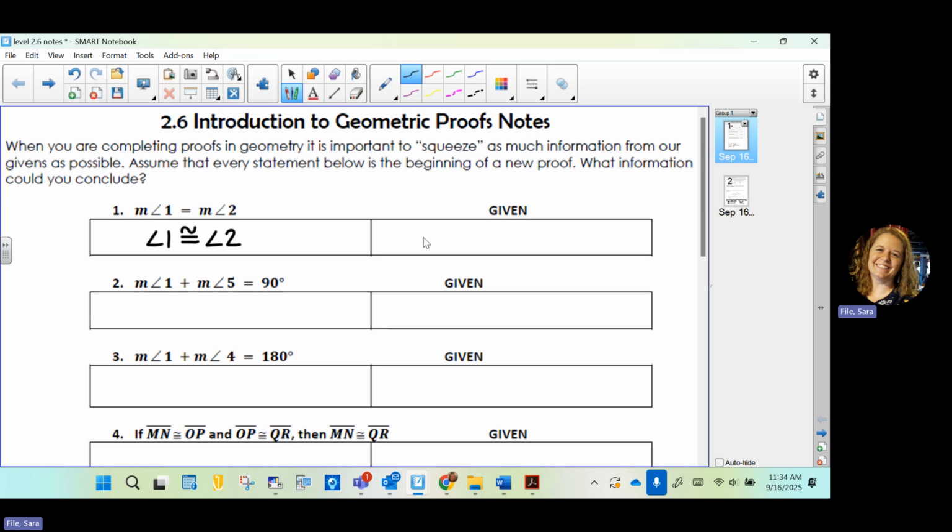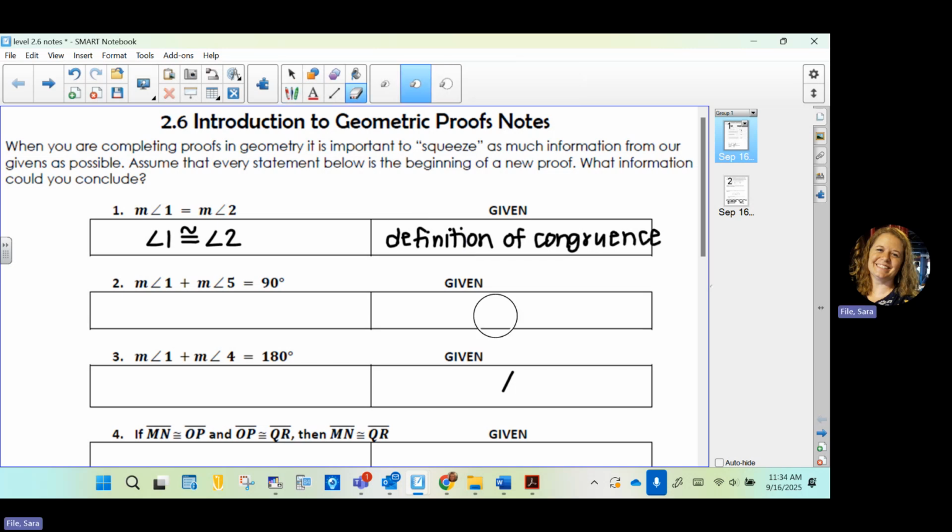Now, the reason I would put in my reason column over here would simply be the definition of congruent. Because when we're talking about the definition of congruence, equal measures, we could be talking about angles, we could be talking about segments. You could use it in more than one capacity.